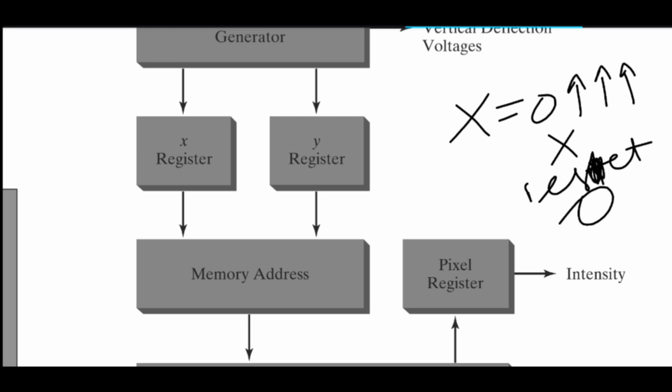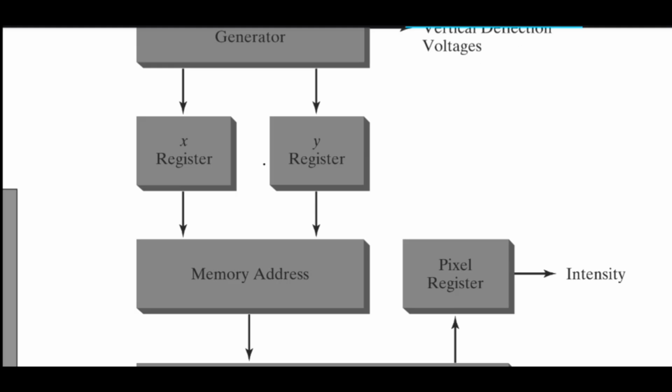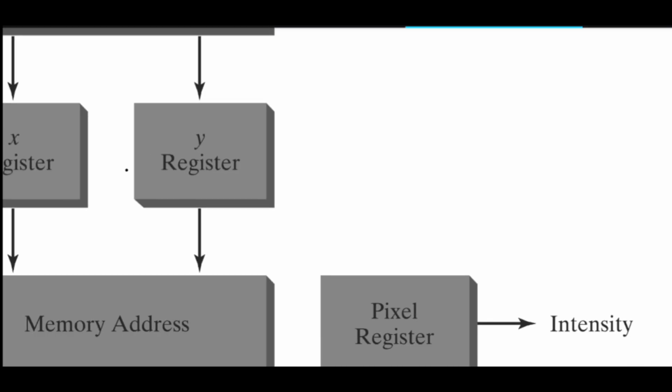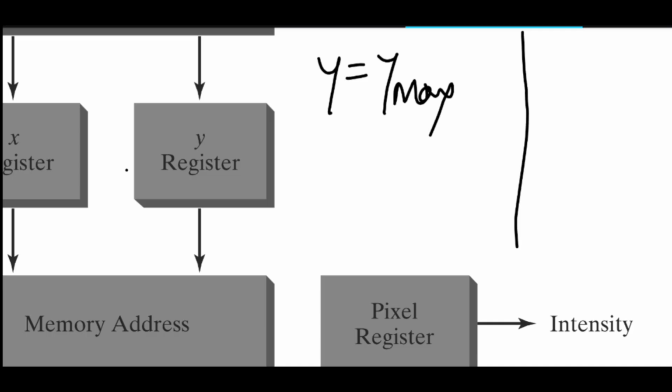Then there is a convention for Y, that the Y register may have two ways of storing the Y value. The Y value may start at Y max, or at 0. If the Y value is Y max, then it will be decrementing, because the scan is moving downward, line by line.